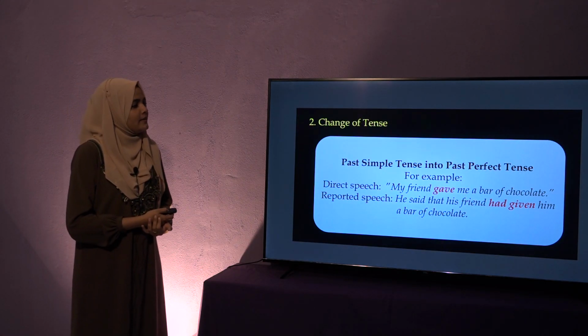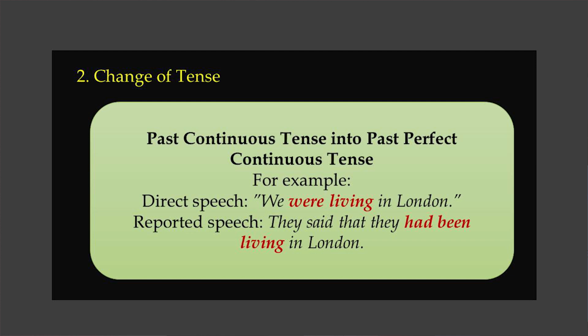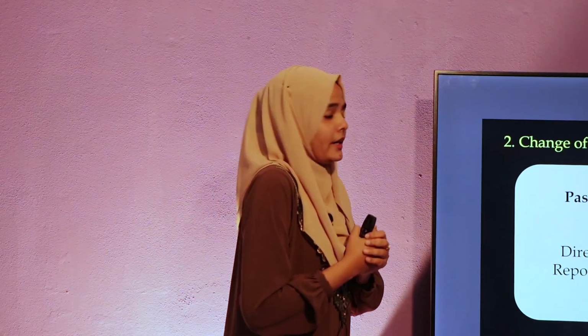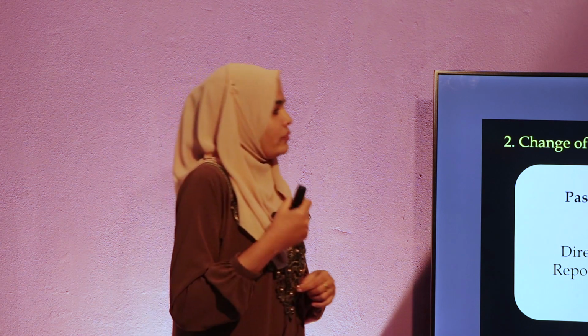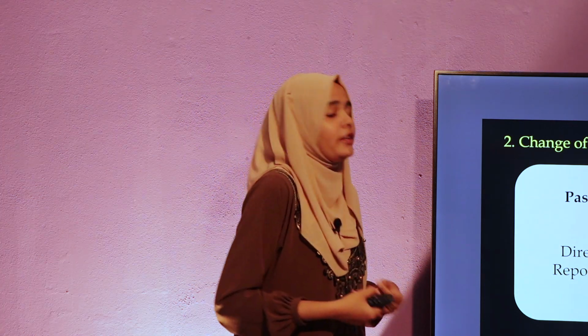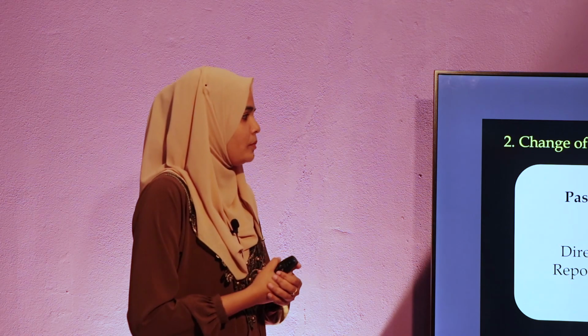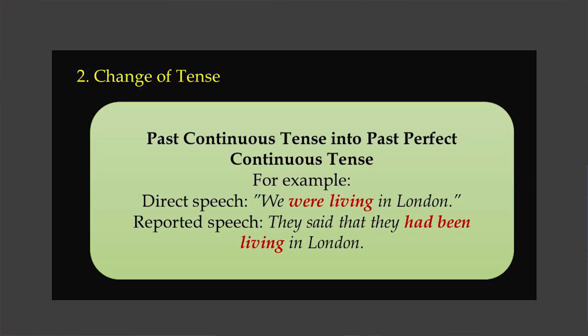Okay, the next rule, past continuous tense into past perfect continuous tense. If the phrase in direct speech is in past continuous tense, we convert it into past perfect continuous tense in reported speech. For example, here, we were living in London.